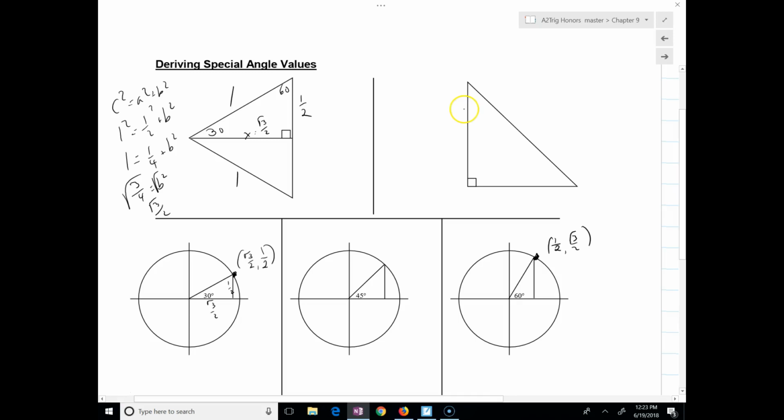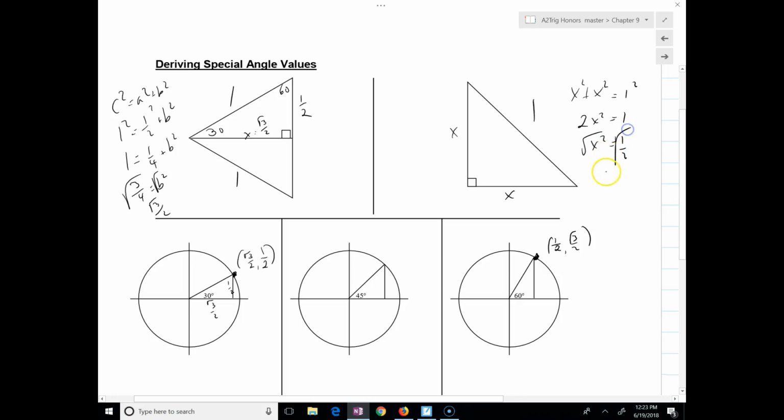Similarly, if we have an isosceles right triangle, we could decide to call this 1, because I said the hypotenuse is 1, well, what's the missing side? Well, by Pythag, we have x squared plus x squared equals 1 squared. 2x squared equals 1. X squared equals a half.